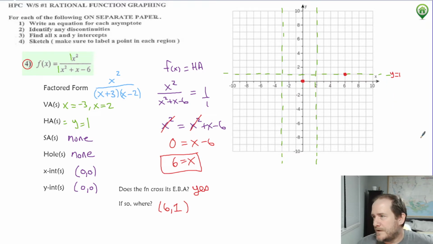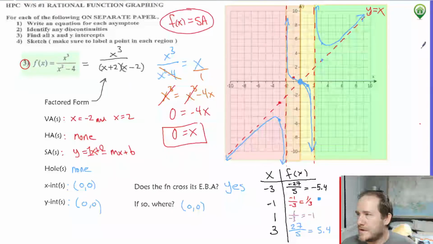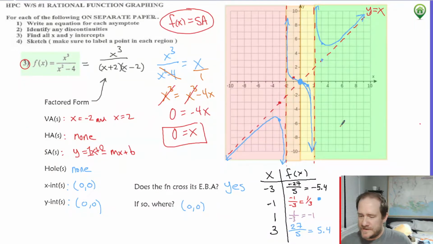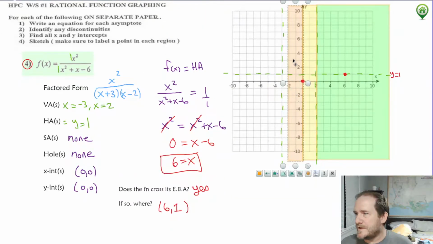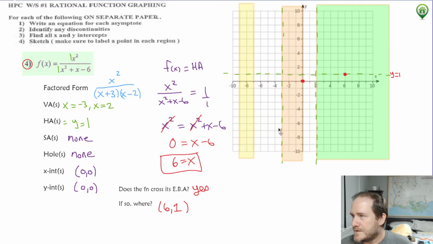And I can now rest assured that in my intervals, my little regions, let me just borrow these guys again. I have three regions I care about. The first region I care about is the region between those asymptotes, so this orange region.